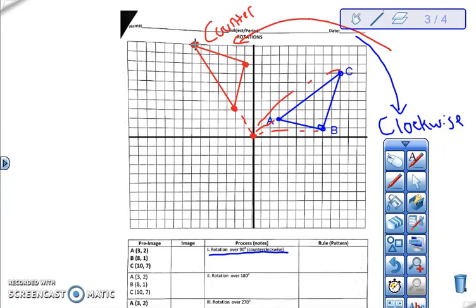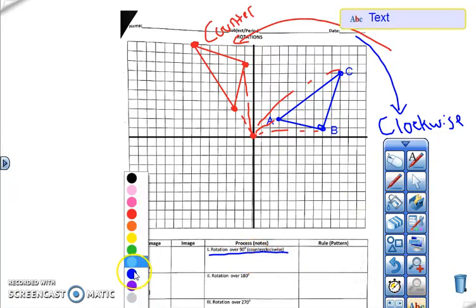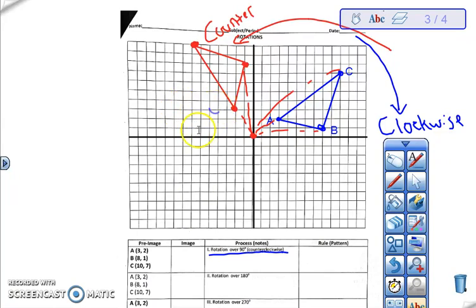It's 90 degrees. So again, if you look at the individual points, C and C prime make a right angle, A and A prime make a right angle, B and B prime make a right angle. So let's go ahead and label those in red. A rotated to here, B rotated to here, and then C rotated to here.